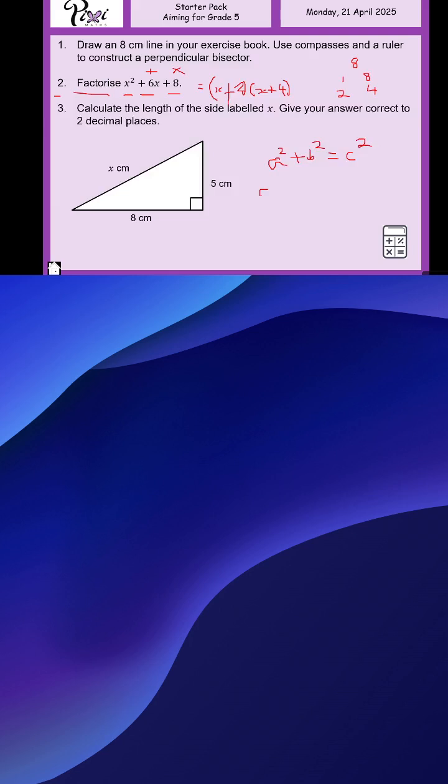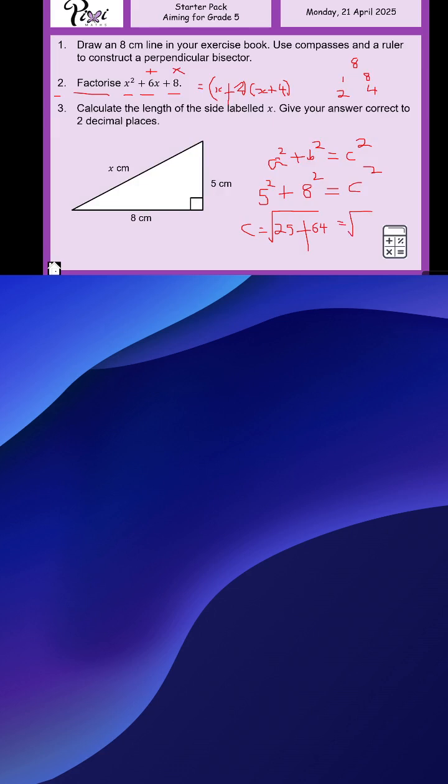So we now have 5 squared plus 8 squared equals c squared. So to work out c, it will be equal to the square root of 5 squared, which is 25, plus 64. So what is that going to give us, guys? That's going to be the square root of 89.